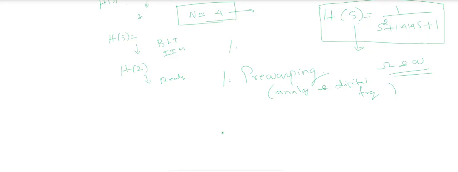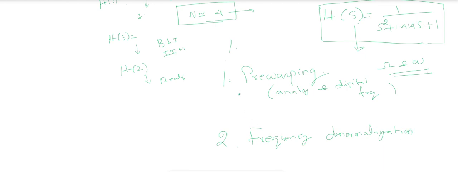The first step is pre-warping. The second is to convert your normalized analog transfer function, which is called frequency denormalization.